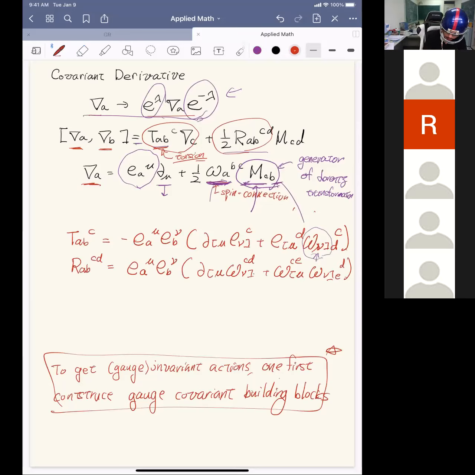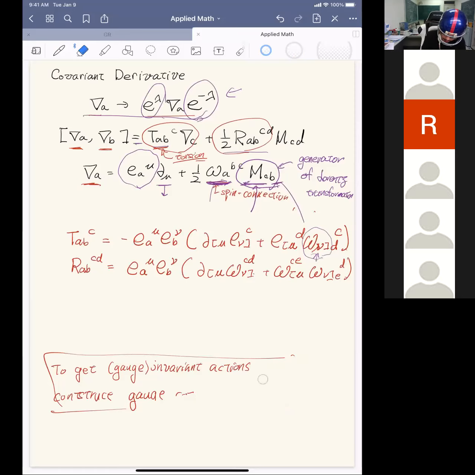Okay, so this is how the Riemann tensor and the torsion look. For those of you who have good memories, or for those of you who don't, that's okay. You can just look at the video.